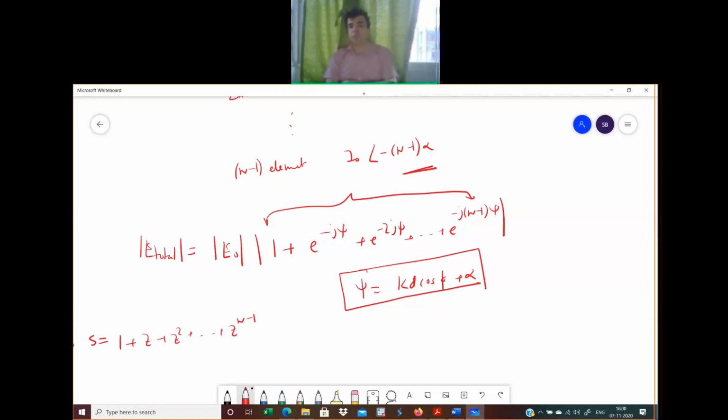What will be the sum of these quantities? Anybody? Yes, right. Yes, exactly. The sum here will be z to the power of n minus 1 by z minus 1. Okay.